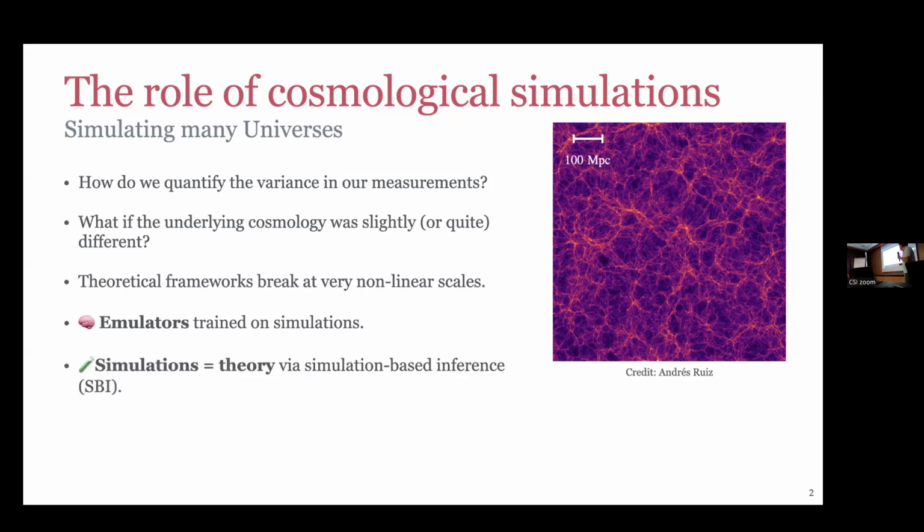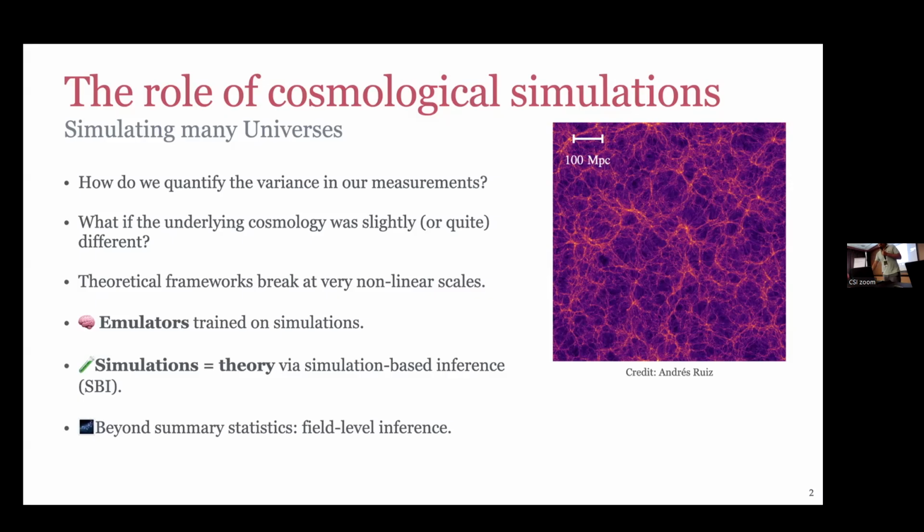Something that was mentioned already today, simulation-based inference: you might as well use your simulations as your theory itself, and you don't need to write down a likelihood or a covariance matrix, because everything is embedded in your simulator. Or some people more recently have been advocating for field-level inference. You might say, if I went through all the trouble of producing new simulations, I might as well use the whole field instead of compressing it.